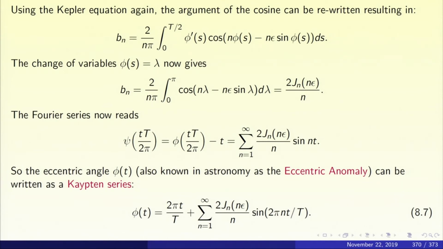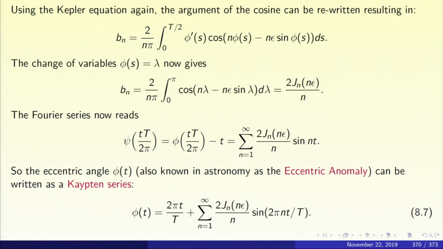Now we are waiting to make a change of variables. Phi prime s ds immediately suggests we should put phi of s equal to lambda. What are we going to get? Bn equal to 2 upon n pi, integral 0 to pi, cos of n lambda minus n epsilon sine lambda, d lambda.